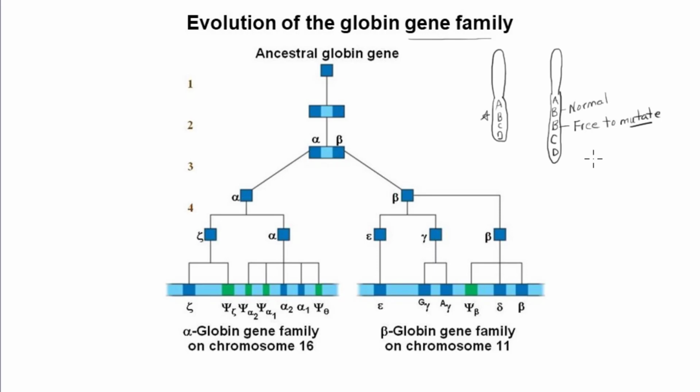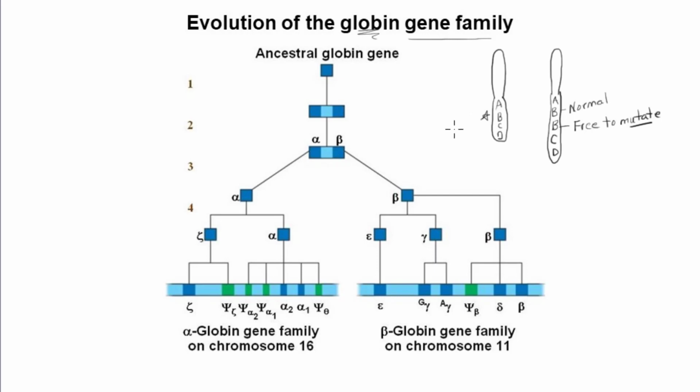And if we see isolation of populations with those different genetic sequences, over time that can actually lead to speciation, where organisms become different enough from one another and populations of organisms become different enough from one another that they actually become separate species. This is really nicely illustrated by the globin gene family.